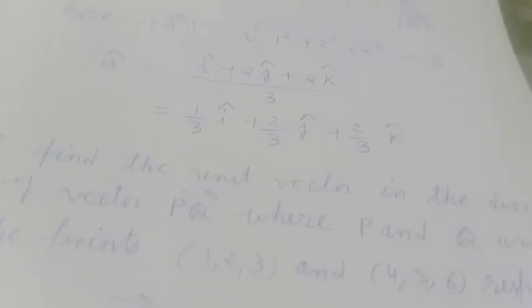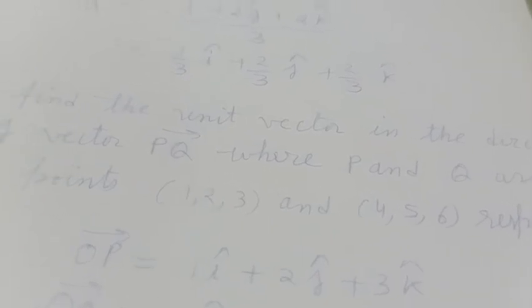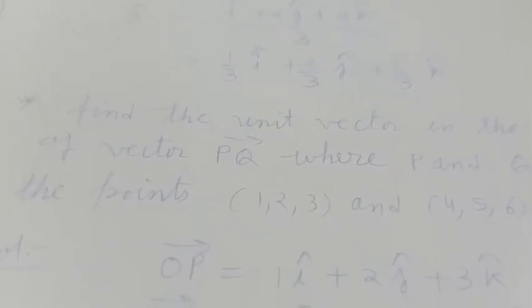Now next question, find the unit vector in the direction of vector PQ where P and Q are two points, (1,2,3) and (4,5,6). So here we can find vector OP as 1i plus 2j plus 3k and vector OQ as 4i plus 5j plus 6k.